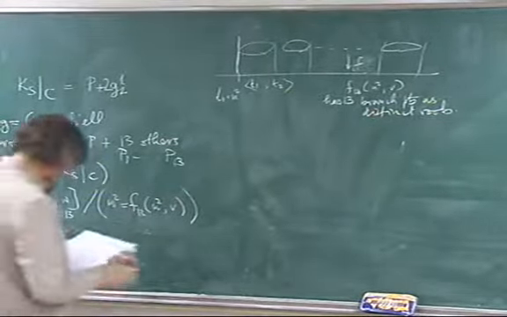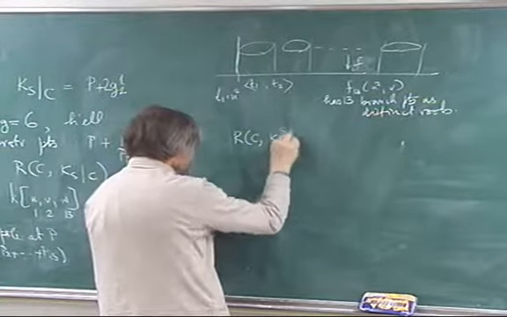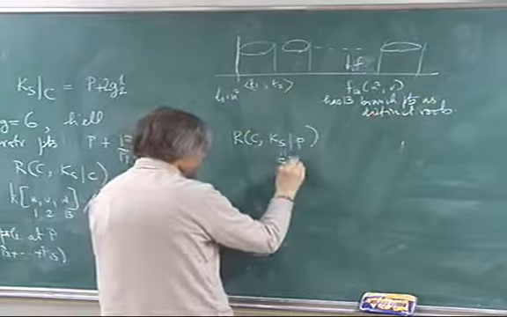Now we ask, what is the ring of C, K_S restricted to P? This one here is 5P.